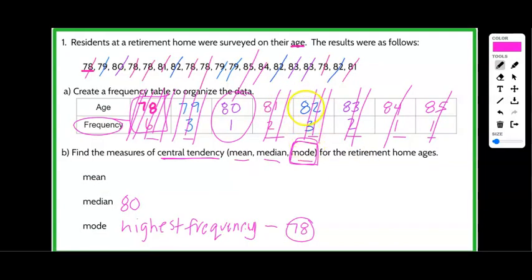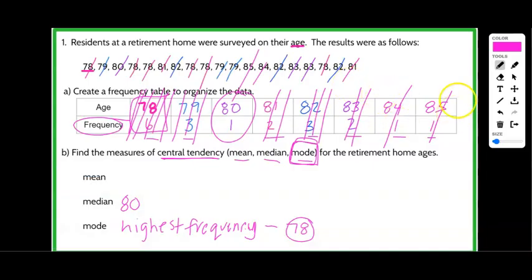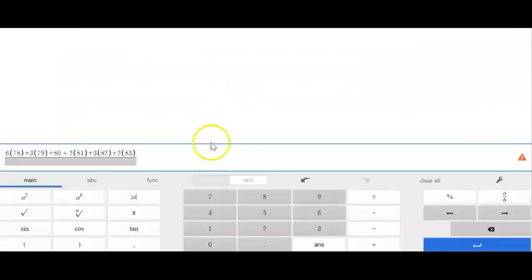And then I'm going to add to that 3 82s and 2 83s. And then finally, we're going to add an 84 and an 85. There's only one of those, so you can just add them on at the end.